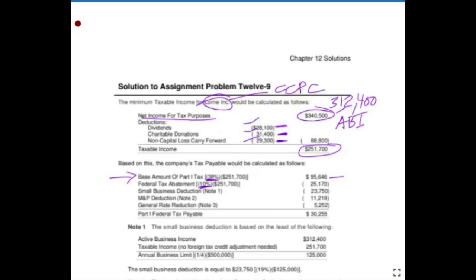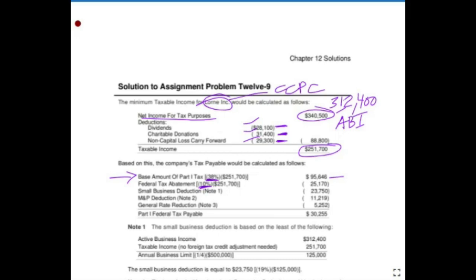So if only 100,000 of this was earned in a province, it'd be 10% times 100,000. But in this case, we're good. It was all earned in Canada. And also, if the question doesn't tell you that it wasn't, you can just assume it all was.